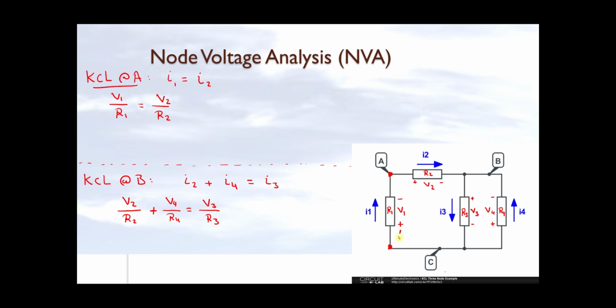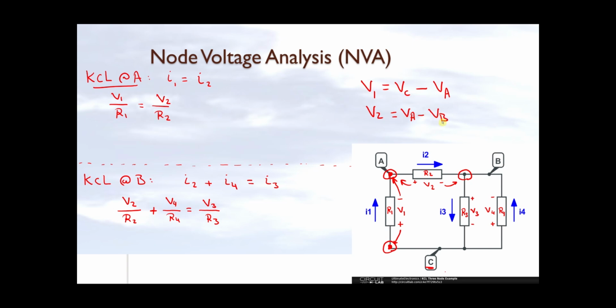The plus sign is relative to node C, so V1 can be written as the difference between two node voltages. First is node C, VC, minus the node corresponding to the negative terminal, node A, VA. We can do the same for V2. V2 is between two nodes, node A and node B. The plus is associated with A, the minus is associated with B, so it's equal to VA minus VB.